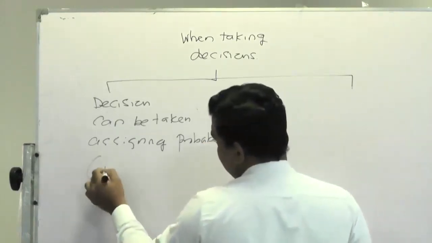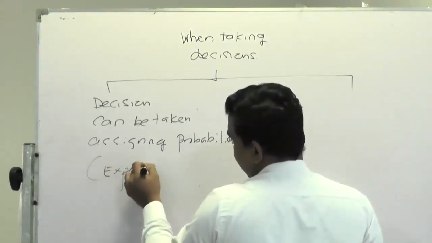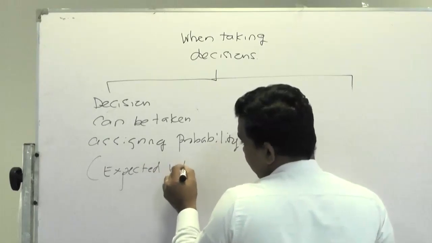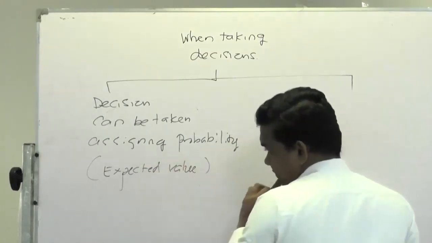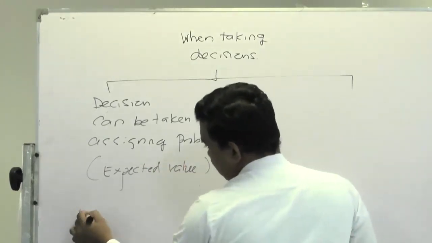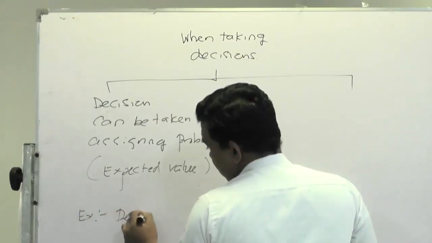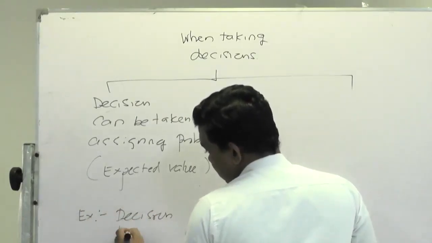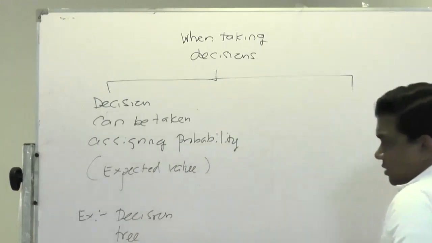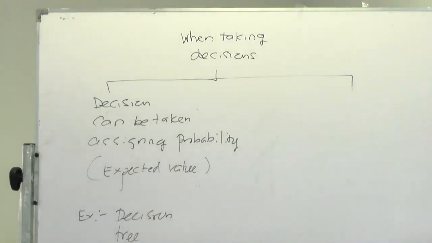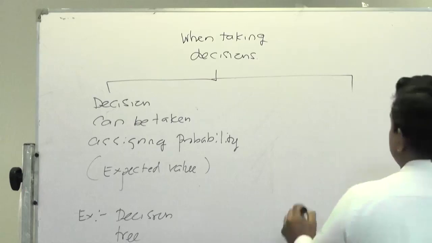That means you can calculate expected value as we calculated in the previous question. For example, you can use the decision tree technique, because you know in decision trees we are assigning probabilities.